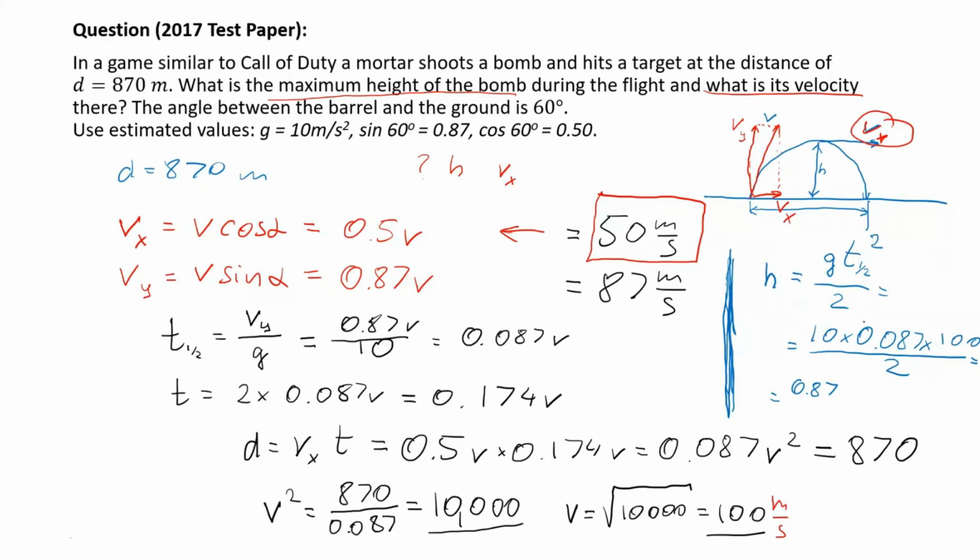Sorry, wrong. I've forgotten a very important thing. This is our time, and this has to be squared. Okay. All right. I was quite close to making a really stupid mistake.